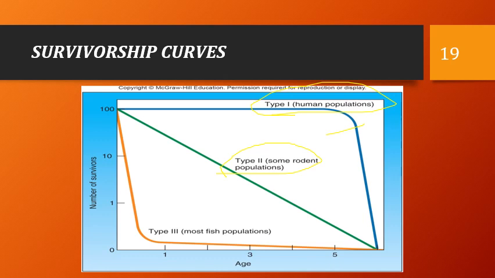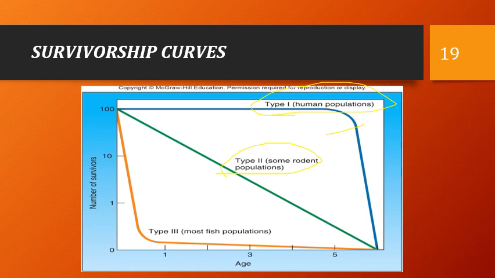And of course, we also have here the type 3. In this case, you can analyze that the population has the highest dying risk. As you can see in the graph, as time passes, the number of survivors is decreasing, and as they age, their population declines.